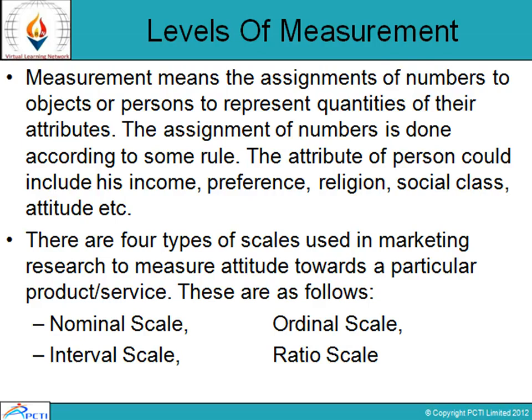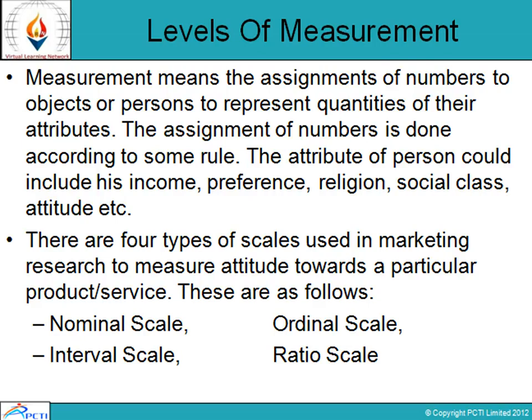Numbers are assigned to represent the categories. However, care is to be taken that the classification is done in such a way that groups are mutually exclusive and collectively exhaustive.